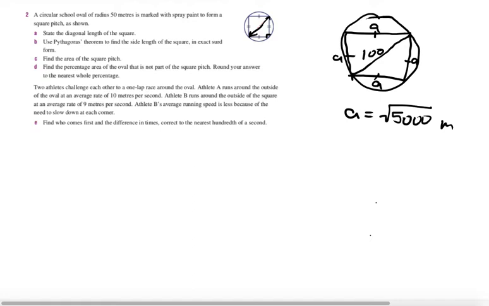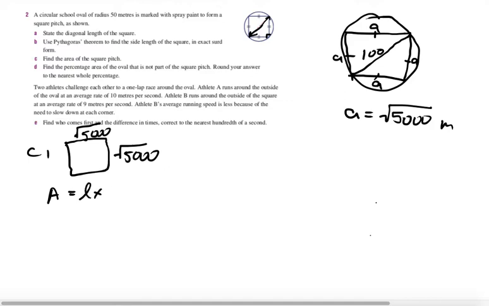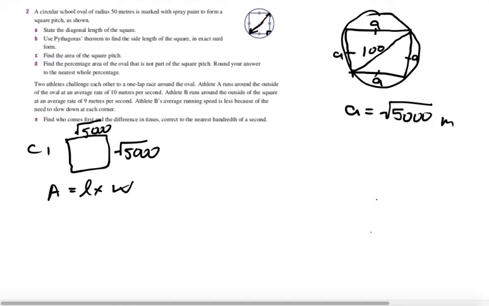All right, so part C, find the area of the square pitch. If it's a square and the length and the width are both root 5,000, then the area equals length times width, equals root 5,000 times root 5,000.